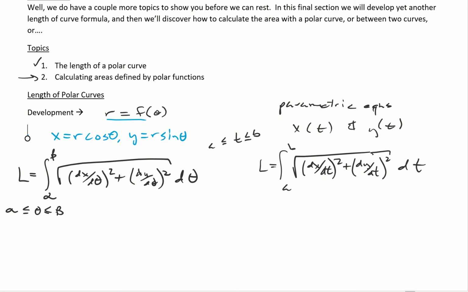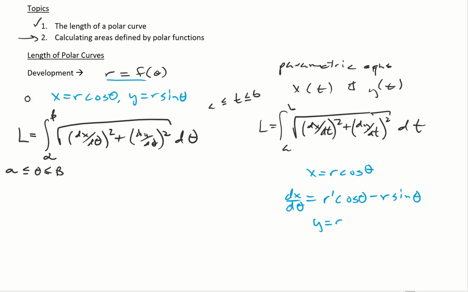So if x is r cosine theta, we've done this for the slope of the tangent, didn't we? Then dx d theta is product rule. It is r prime cosine theta, and then minus r sine theta. And likewise, if y is r sine theta, different result. So dy d theta is r prime sine theta, and then plus r cosine theta.